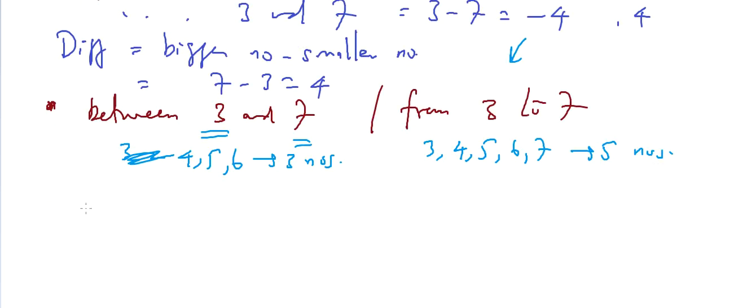Now suppose, how many numbers are there between, let's say, 17 and 71? How will you find? Will you write all the numbers and count? No, it's not required.